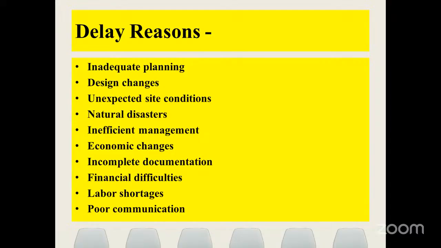Second, design changes. As I told you, major delays happen in projects due to design changes and unexpected site conditions. Third one is natural disasters like the pandemic we faced a few years ago, or the chance of a tsunami, so such kind of things we have to consider. But these are rare things. Mainly these two things affect delay.